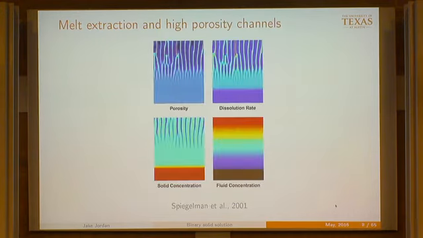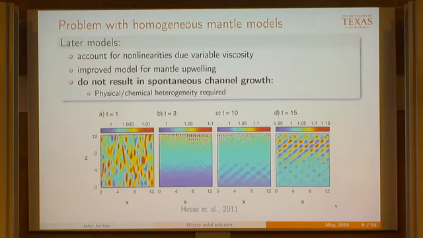Later, doing similar work with the OPX gradient style reactions, Mark Spiegelman showed that you could get, I believe, 80% of your melt out through the top of this box through less than 20% of the domain. And that is interpreted as this large-scale channelization. But there are some problems.